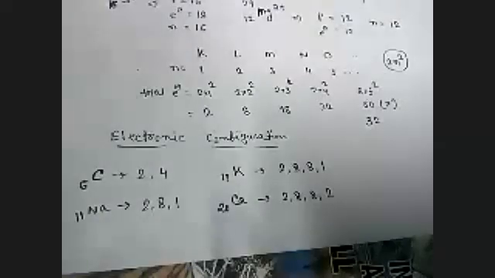The law of octets. So we know that potassium and calcium are exceptional, and after that, all the elements will have 2, 8, 18 like that. Means till now we are doing this type of concept, that's why it is showing exception.